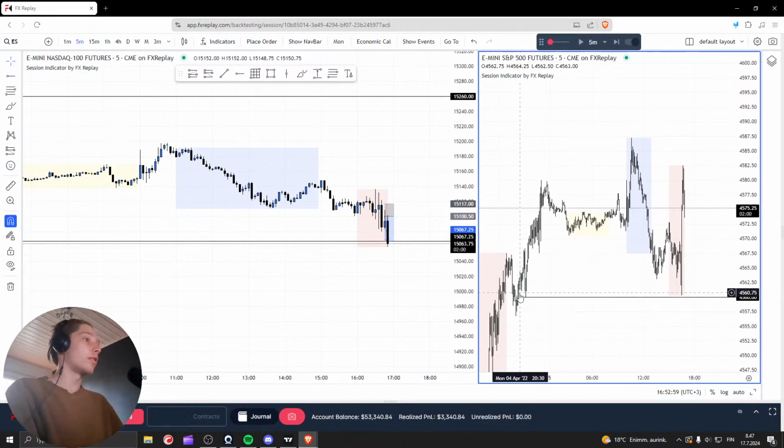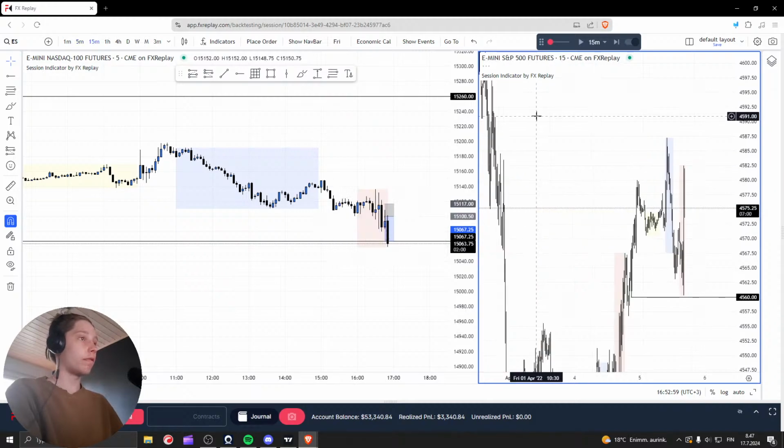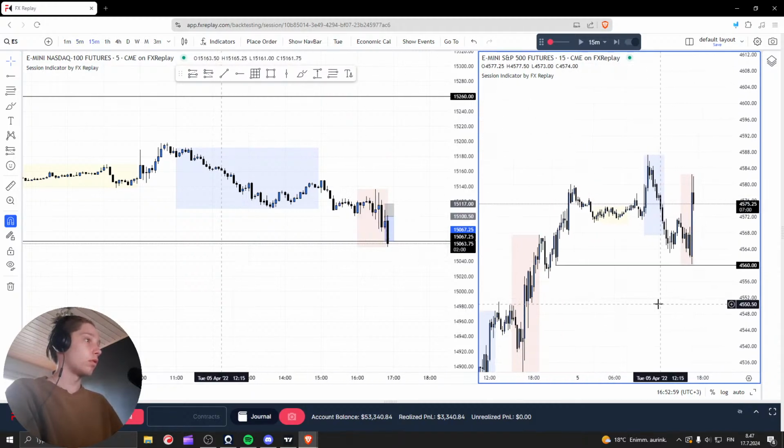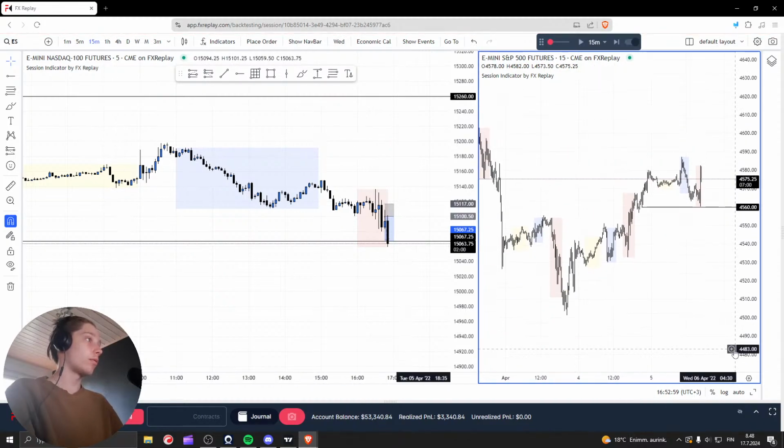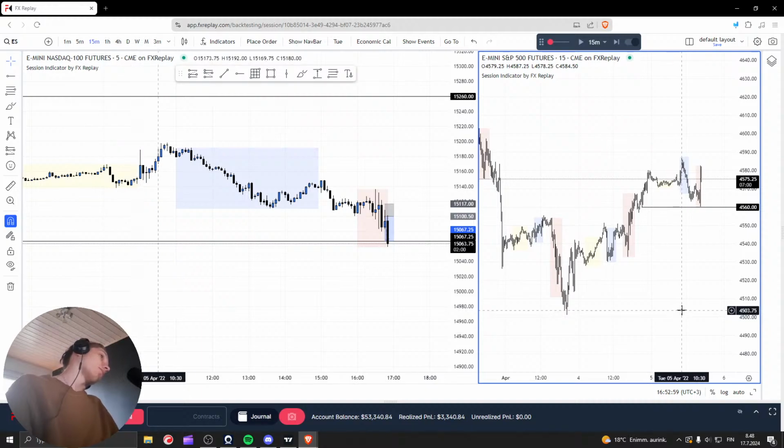And I almost see this as, let's go to M15. So yeah, this is market maker sell model in action, pretty much.